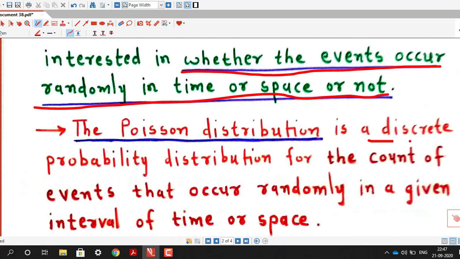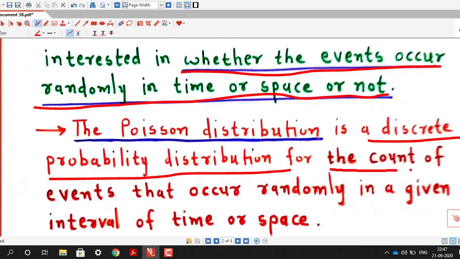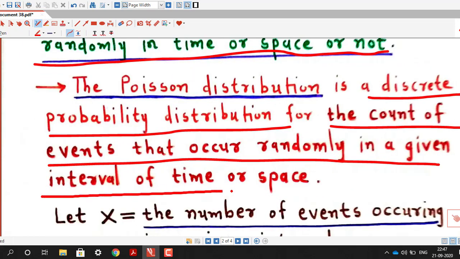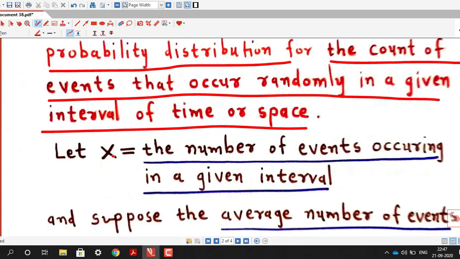It is a discrete probability distribution for the count of events that occur randomly in a given interval of time or space. Suppose the random variable capital X is defined as the number of events occurring in a given interval. The interval may be an interval of time or an interval of space.